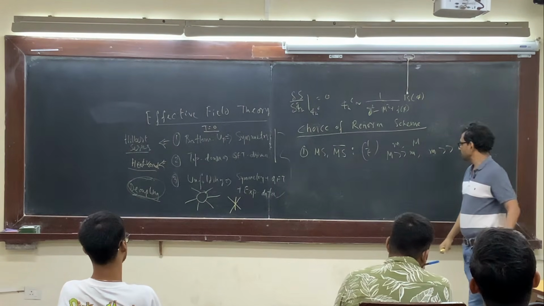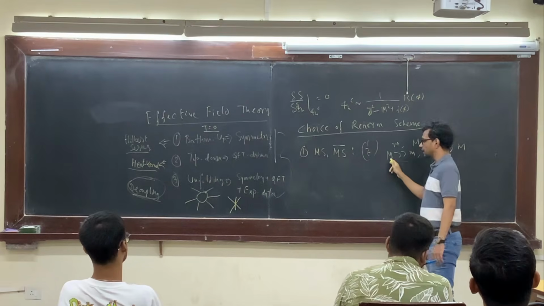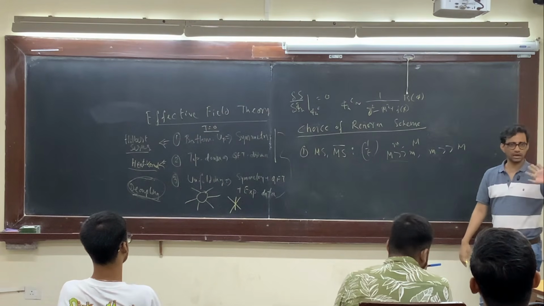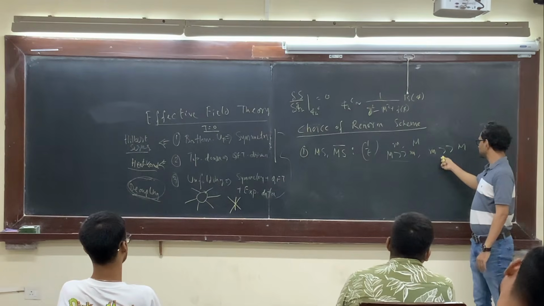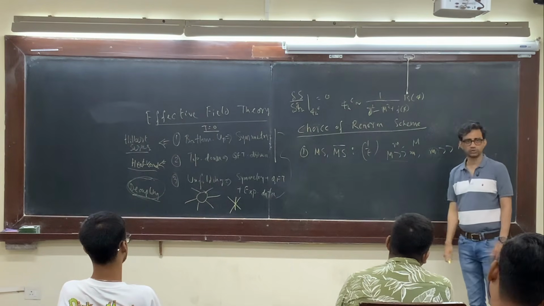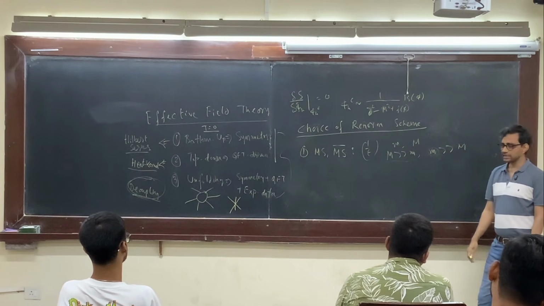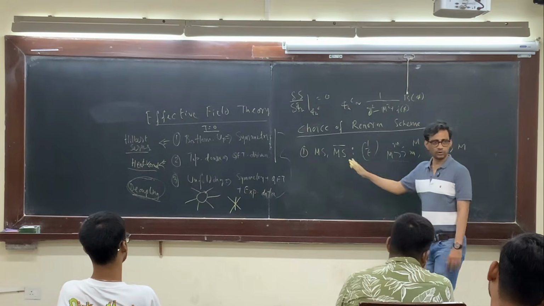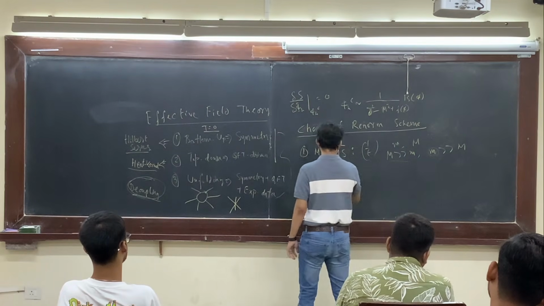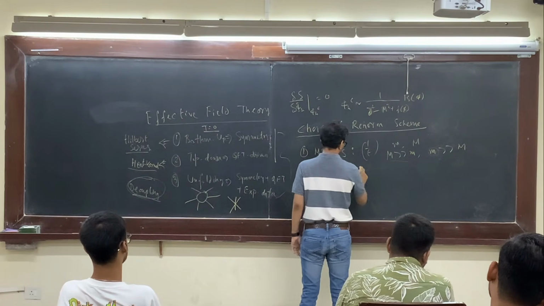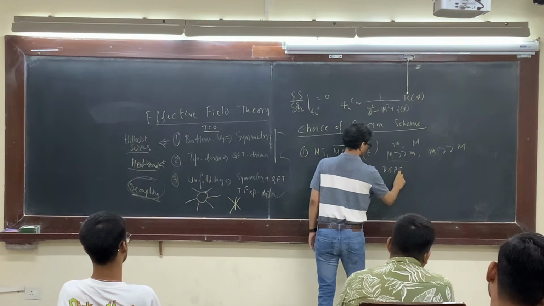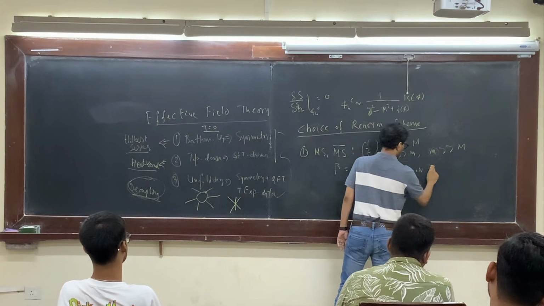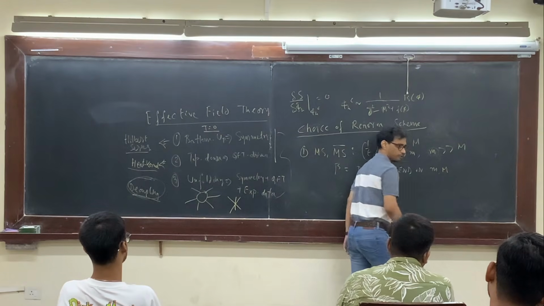If this is the situation, I want to decouple this field from my theory. But interestingly, in the renormalization scheme, if you use MS and MS bar and calculate the beta functions, they don't depend on M or m.